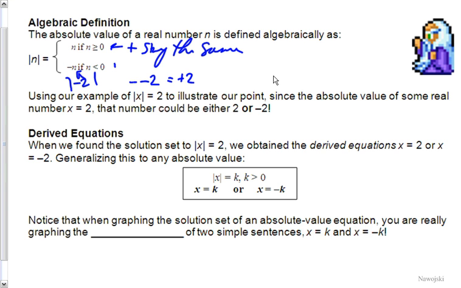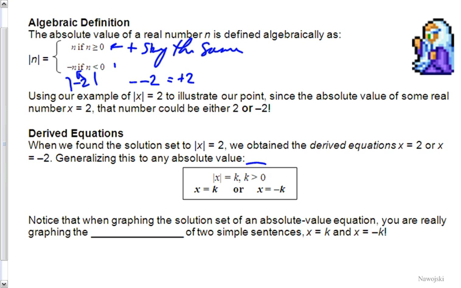All right, so let's talk about the equation. Okay, so when we have an equation with an absolute value, we're going to get two solutions, usually. Notice how I say usually. Okay, so the absolute value of x equals k. If k is greater than or equal to 0, it's equal to itself without the absolute value on it, x equals k, or it's the negative of it. Okay, so you get two solutions.